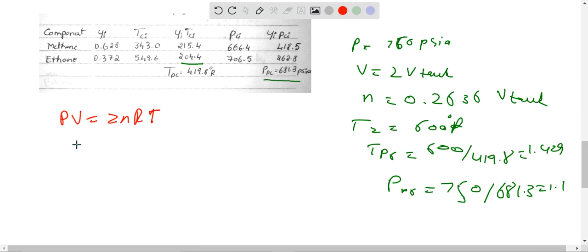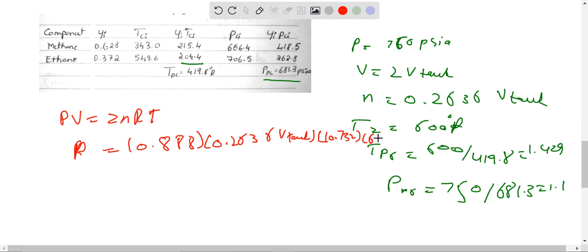Now calculate PV = ZnRT. So we have to calculate pressure P. Pressure P is equal to Z, 0.888, n is 0.2636 V tank, into R, which is 10.732, and temperature is 600, divided by the volume, which is 2 V tank.